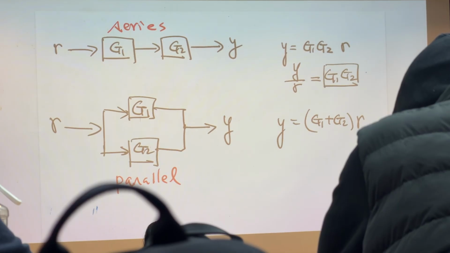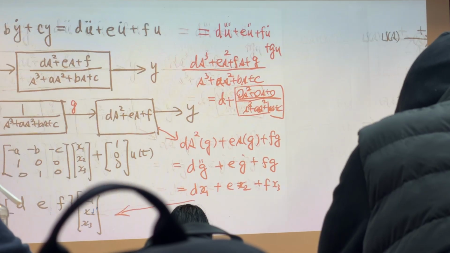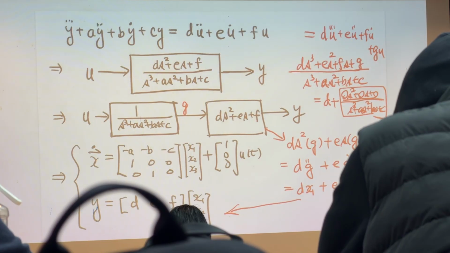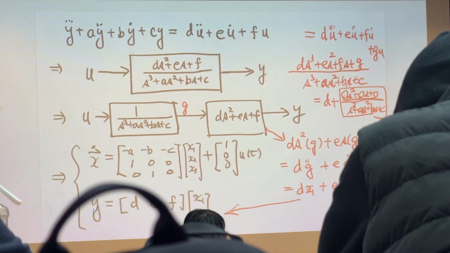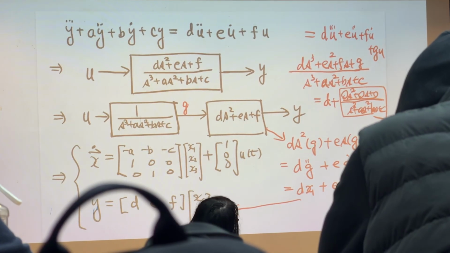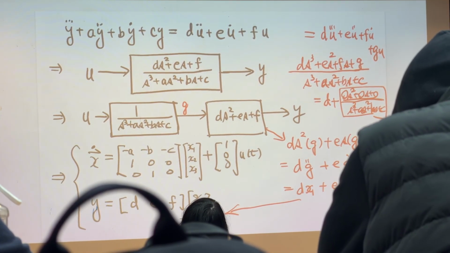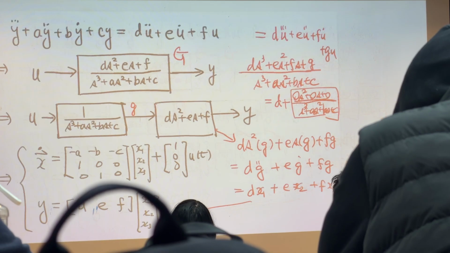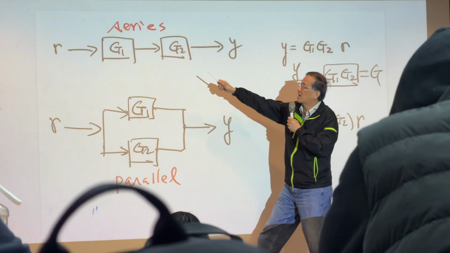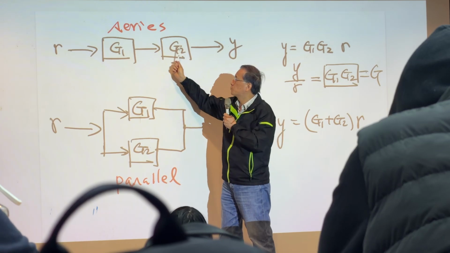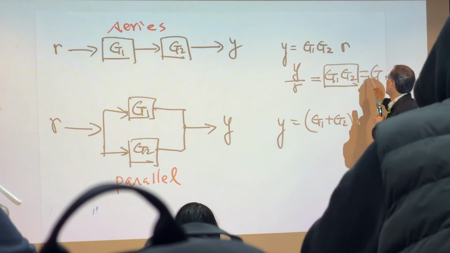So this is like a G, and this G, you can put in here, in here, in here. This is like a G, okay? So let's put a G here. This is G, general G. It means that if you have a block diagram G1 and a block diagram G2, put together in series, that becomes this.